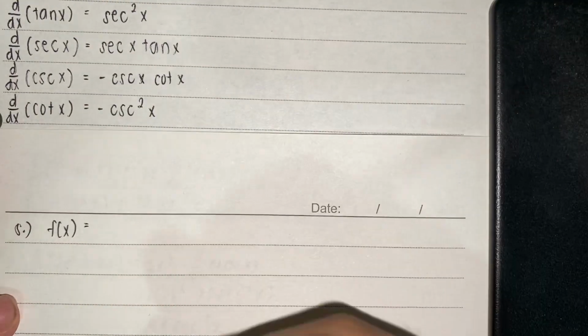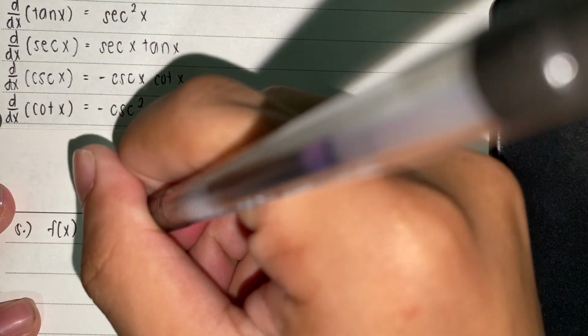Number 5 example, f of x is equal to 10 cosecant x.